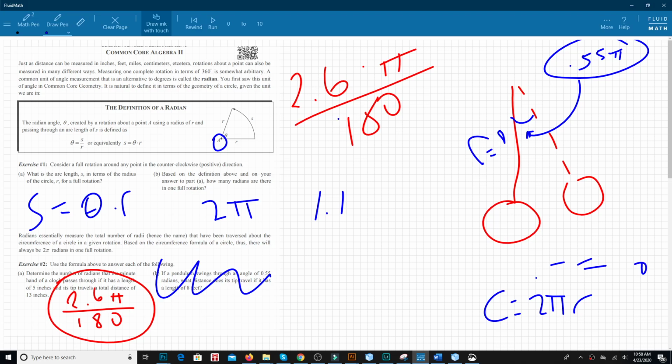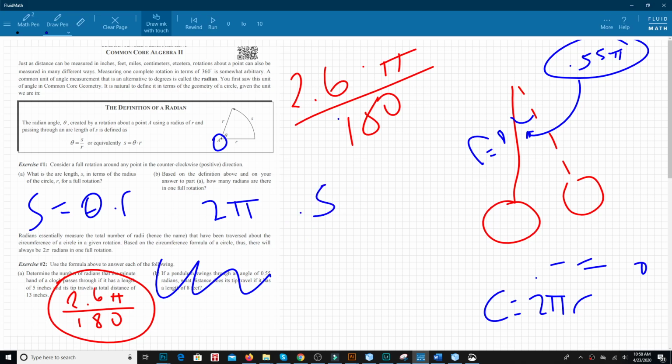Yes, okay, Amy, hold off on B, because right now it's actually saying an angle of 0.55 radians. You would have to convert that angle.